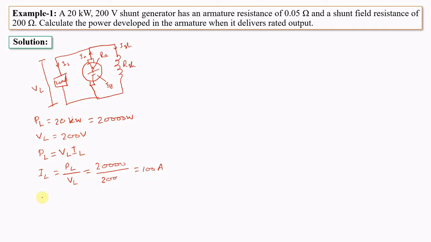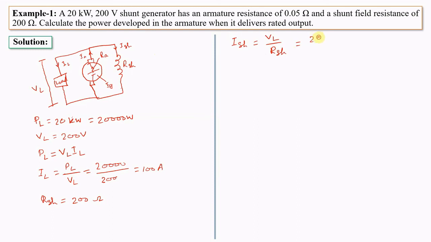Now the value of RSH here is 200. It is given in the question. And the voltage across the shunt field winding resistance will be the same as that of the voltage across the load because they are connected in parallel. So we can find the value of ISH as VL upon RSH.